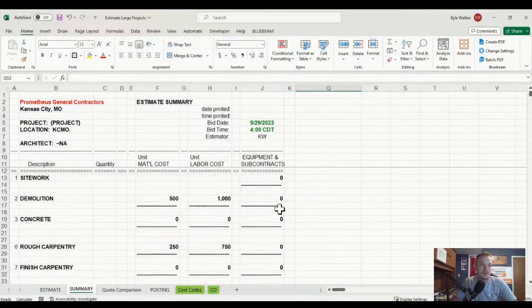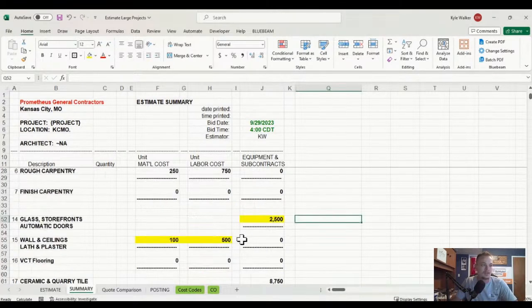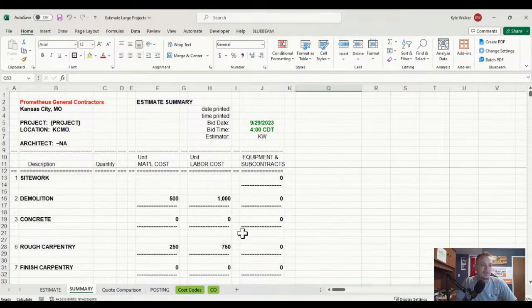It'll tell you what is included, what isn't. You'll notice a few of these are yellow, and we'll dig into those a little bit after, comparing contractor A to B, A to C, and B to C.